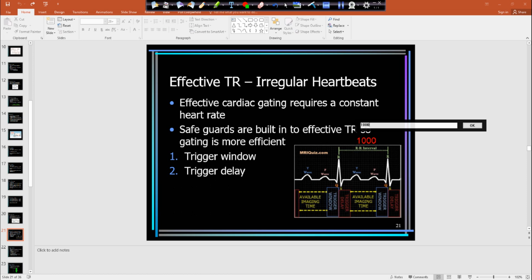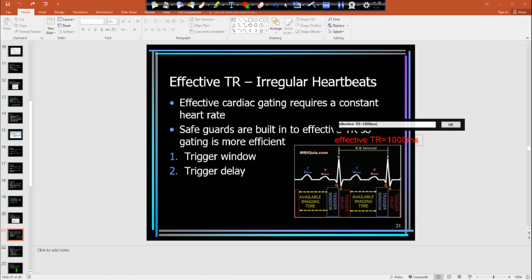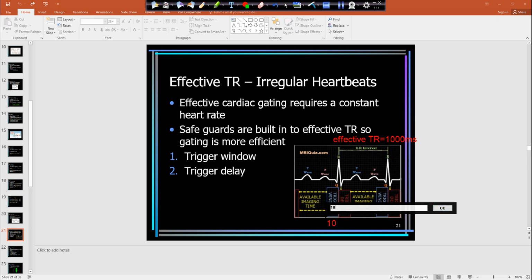So if our effective TR is 1,000, then our trigger window is 10%.